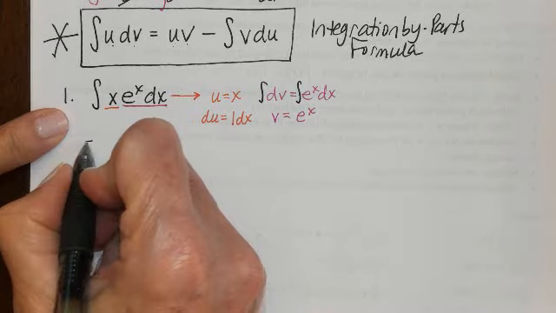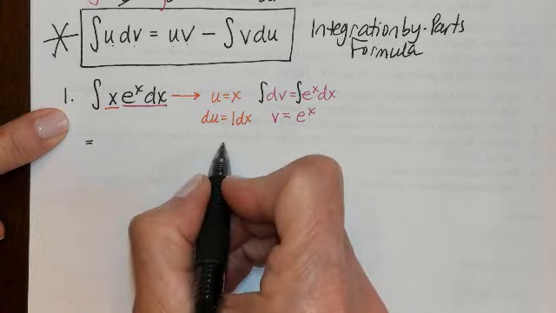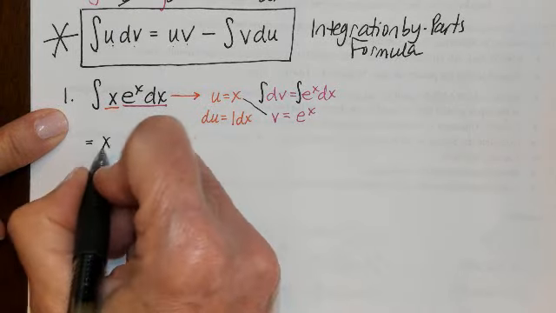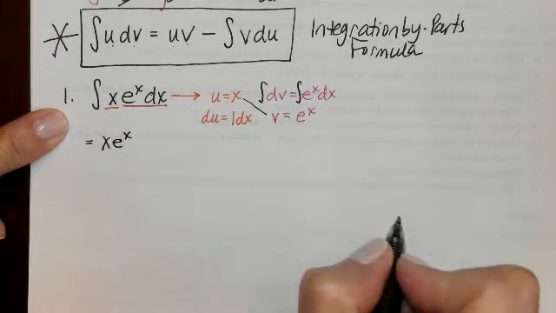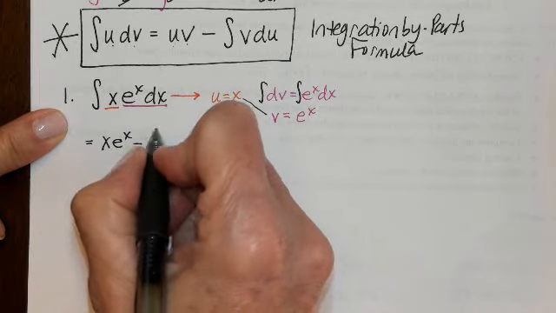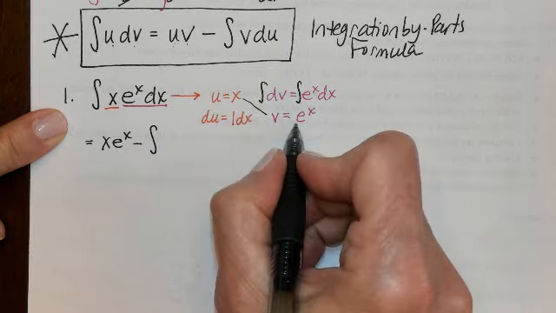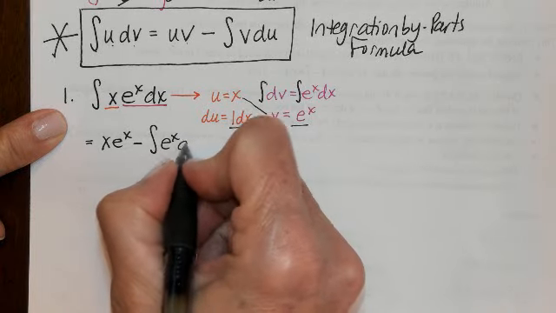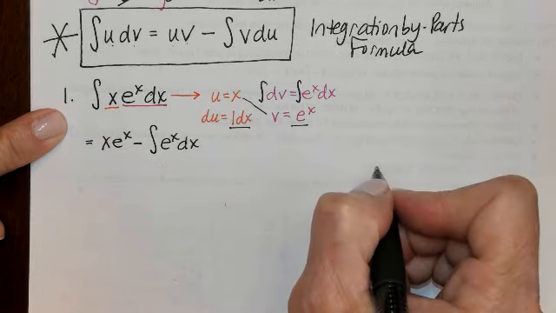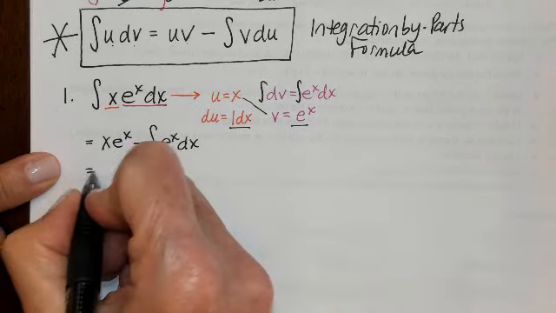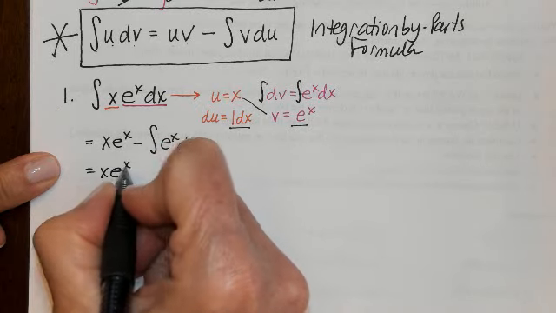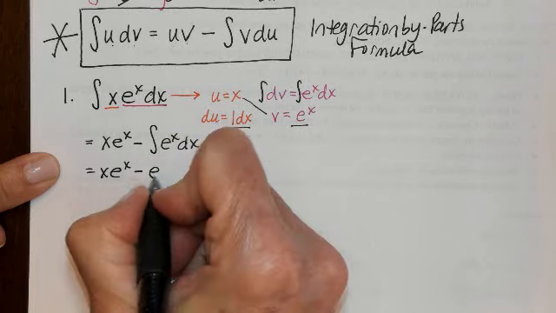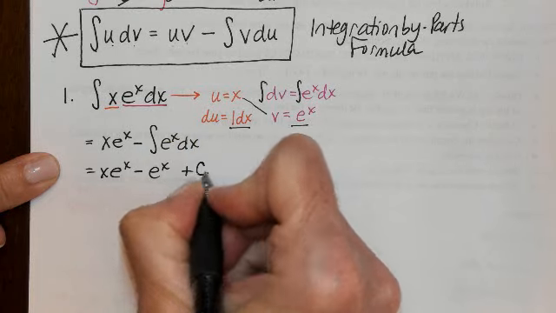This is equal to uv, so x e to the x, that's uv, minus the integral of v du, e to the x dx. So this is x e to the x minus the antiderivative of e to the x, which is e to the x, and here comes my plus c.